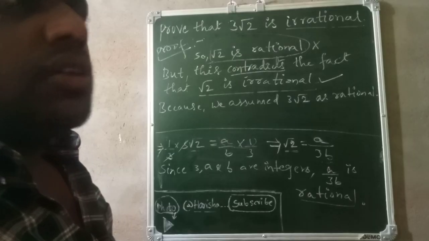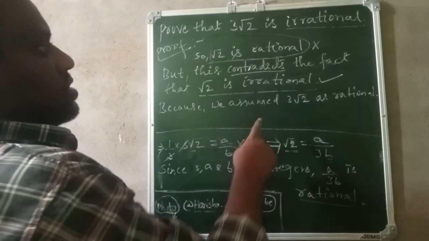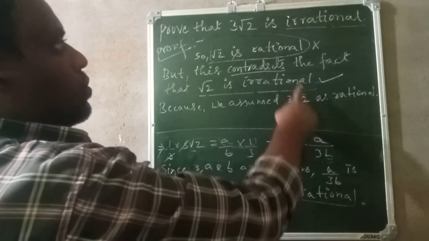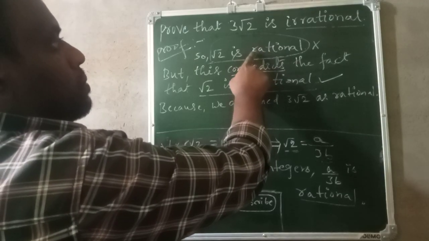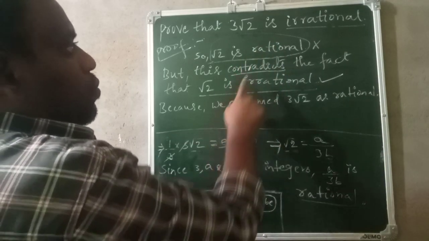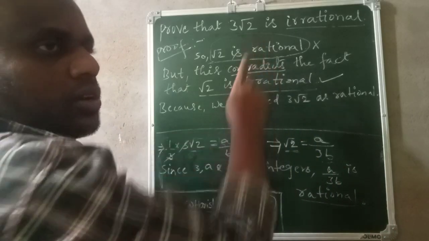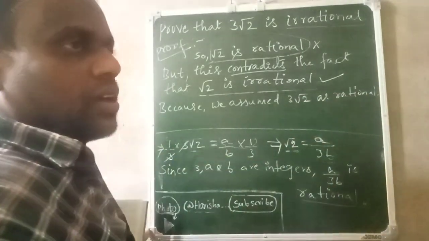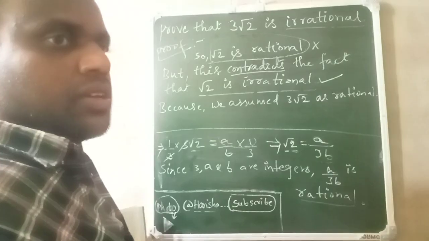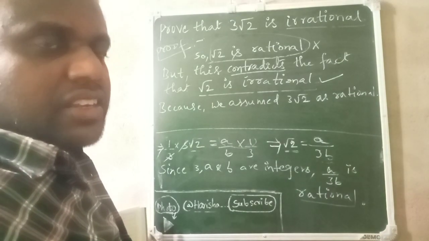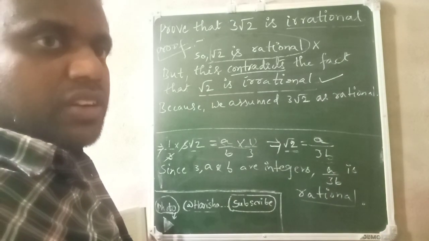So that means what? Since our assumption is wrong, from this, what we will understand, what we can conclude. So we got this wrong because our assumption is wrong. So assumption is wrong means what? Our assumption is rational. So assumption wrong means what?